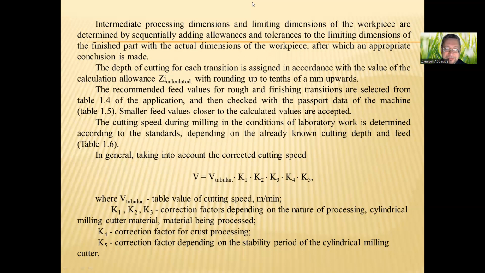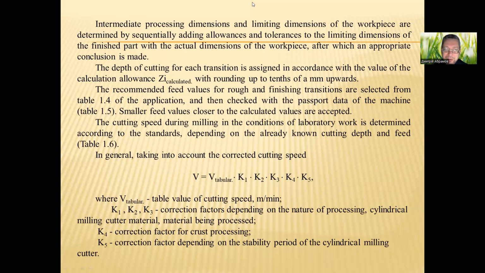The recommended feed values for rough and finishing transitions are selected from table 1.4 of the appendix and then checked with the passport data of the machine in table 1.5.